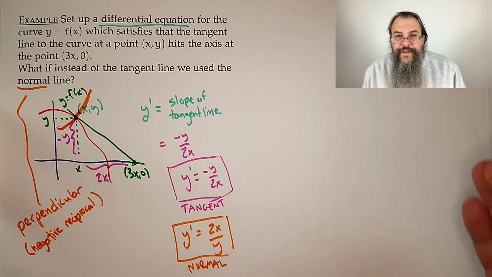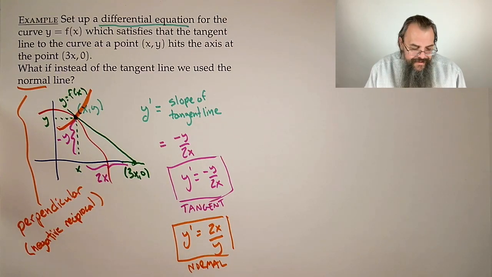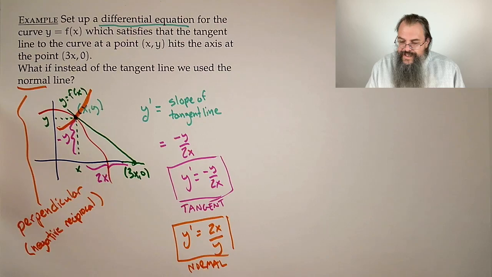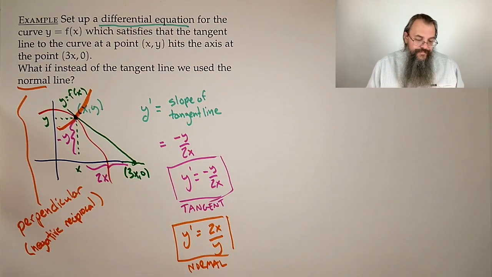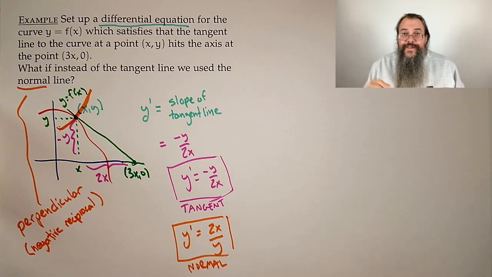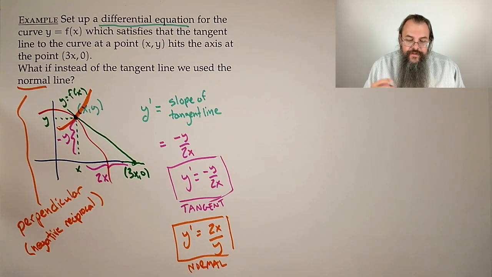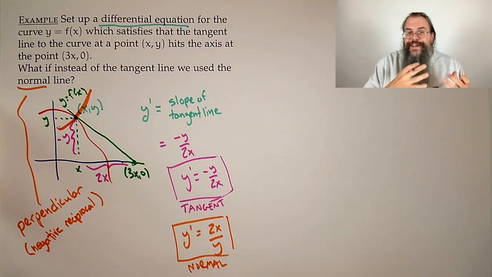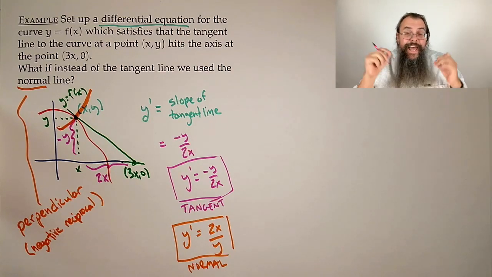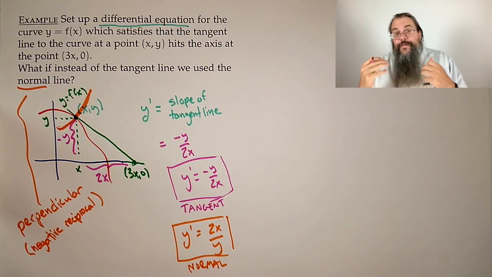Now, we have some space here. Let's make some comments, because I think there's something really interesting going on here, and it's fun to point this out. So what's the interesting thing? Well, suppose we were good at solving differential equations, and we're going to get good. We're going to get better.